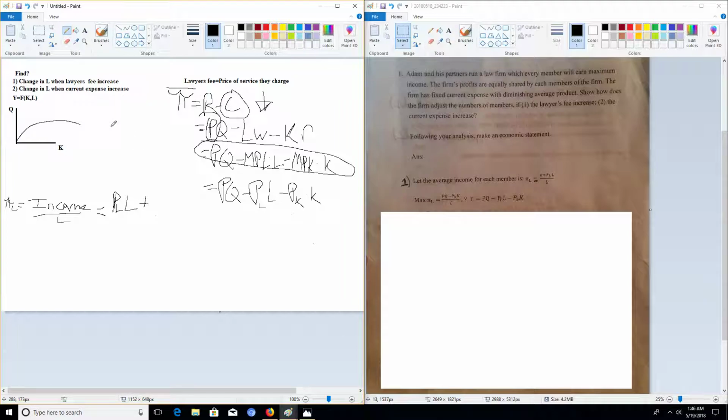And people are also aware that profit is used for things like investment and investment bonuses. So people would probably think it's only a portion of this, but this problem says the firm's profits are equally shared by each member of the firm. So all of it is profits, pi, right?